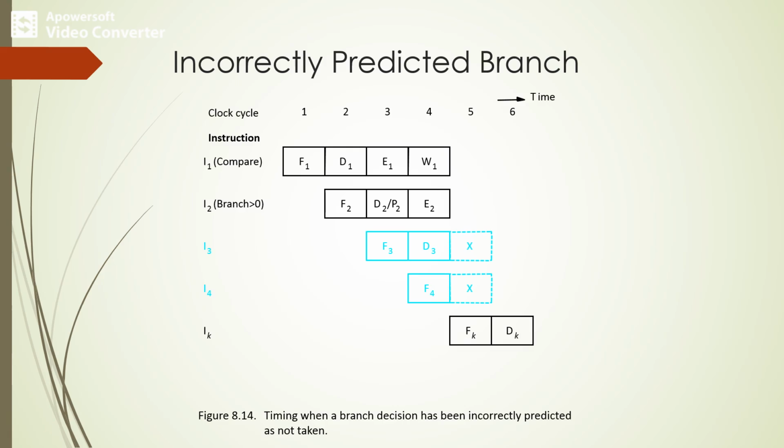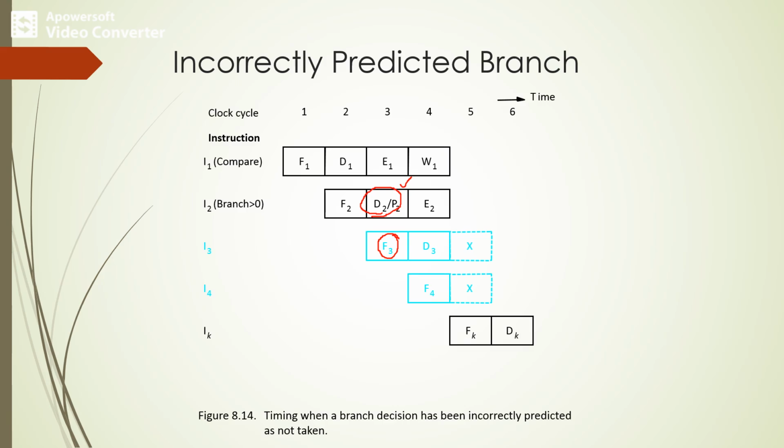The branch prediction will take place while instruction I3 is fetched. Similarly, the I3 instruction is fetched. The fetch unit predicts that the branch will not be taken.